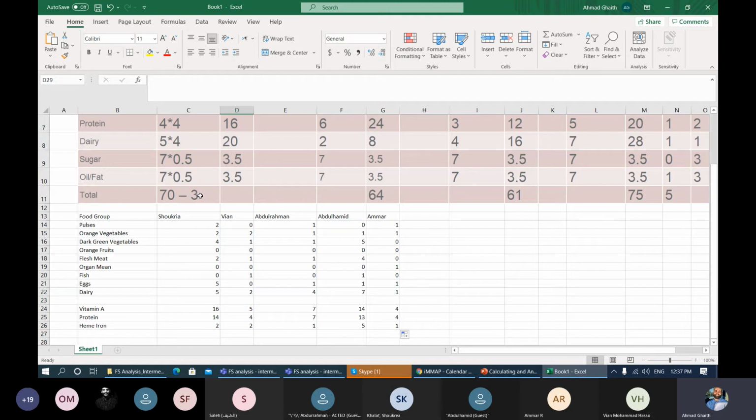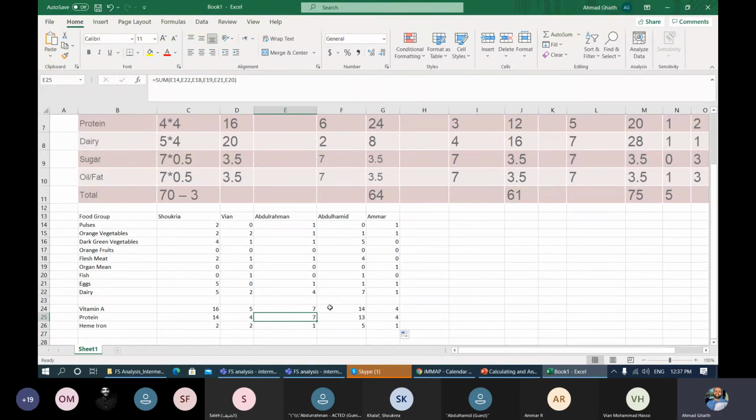Yeah, so here we have your FCS for each of these nutrients. And you can see that Abdurrahman actually is a good example here. You have 7 days of consumption of vitamin A and 7 days of consumption of protein.